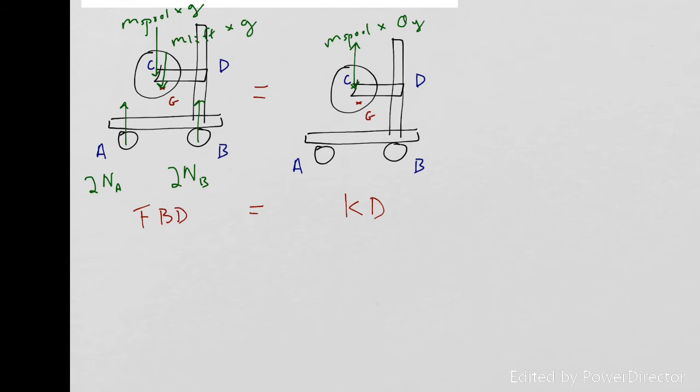So why not we choose a point first, and you can choose any point because if you take a look at the diagram, A, B, C, G or D, all these points only have one force.